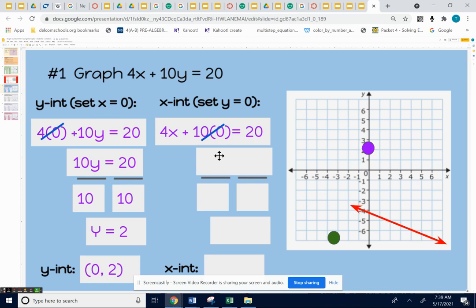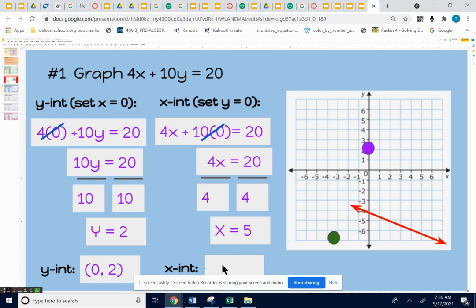So what we're left with now is 4x equaling 20. I can get rid of the multiplied 4 by dividing each side by 4, and I get x equals 5.